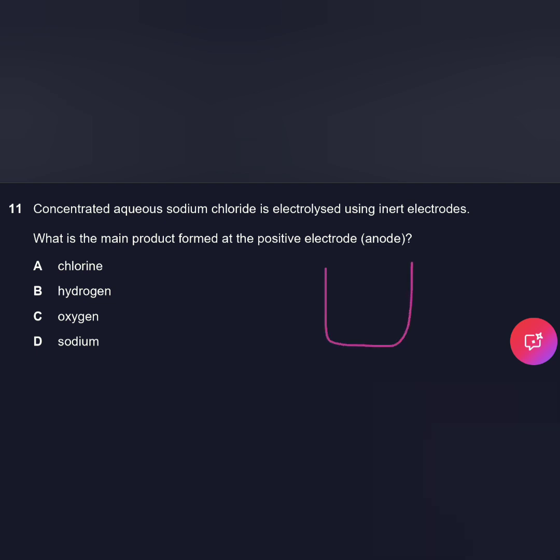an aqueous solution of concentrated sodium chloride, there are two electrodes. The negative one is known as the cathode and the positive one is known as the anode. So we have two types of ions, sodium and chloride.